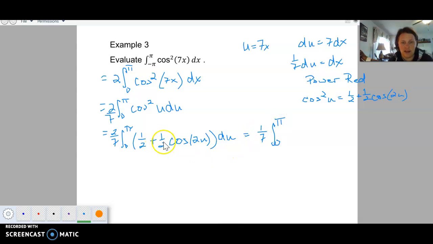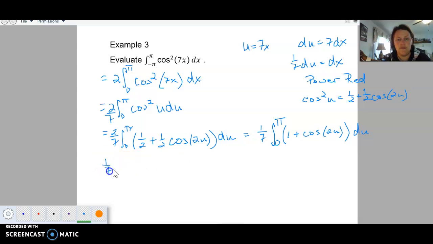I factored out a 1/2 from here, so we'd bring a 1/2 out in front. The 2's would cancel, and we'd be left with 1/7. And then what's left inside would be 1 plus cosine of 2u du. Now we can integrate.